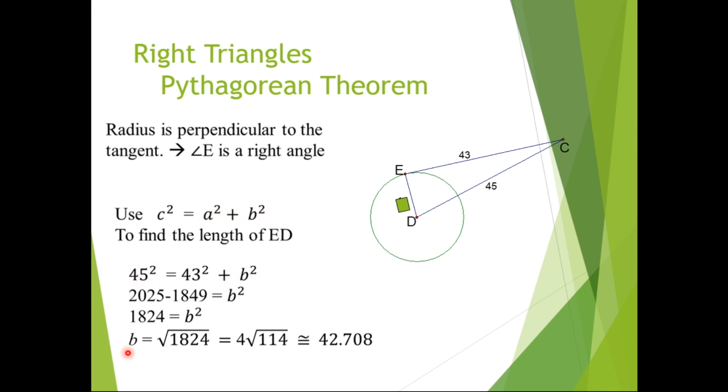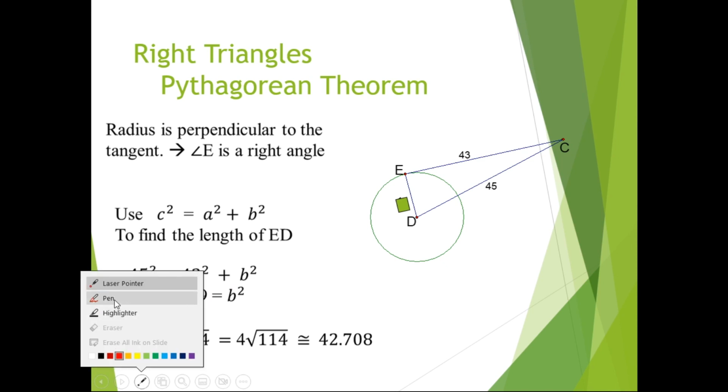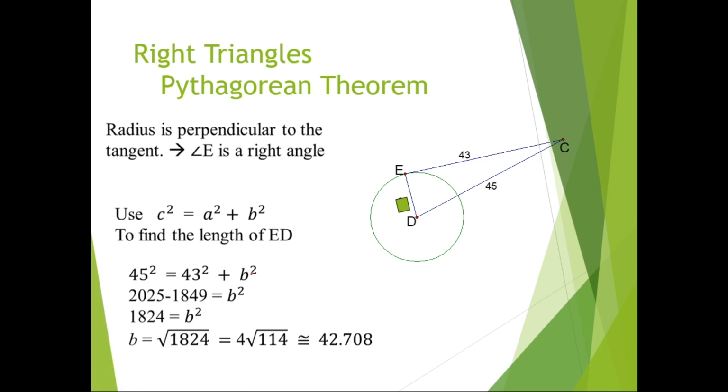This is the solution. We have 45 squared equals 43 squared plus b squared. As you can see in the solution, 45 squared represents the c. The c represents the hypotenuse, the longest side of a right triangle.